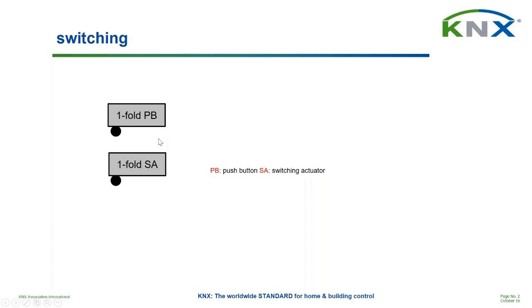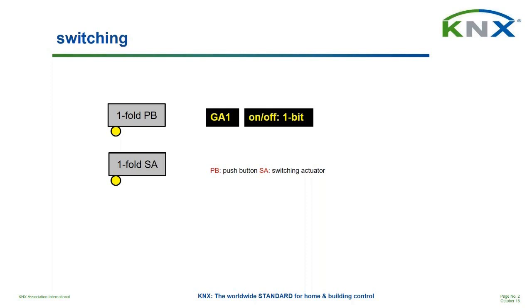So here are the two devices, a 1-fold push button, the abbreviations are also on the slide, so PB is push button, and switching actuator. Obviously in order to make this work, we need to have these objects linked together by means of one group address 1, which will serve the purpose of exchanging on-off information, so 1-bit information.